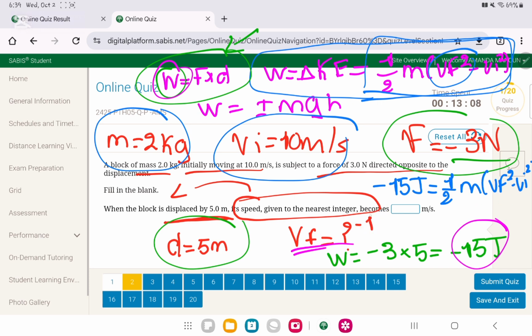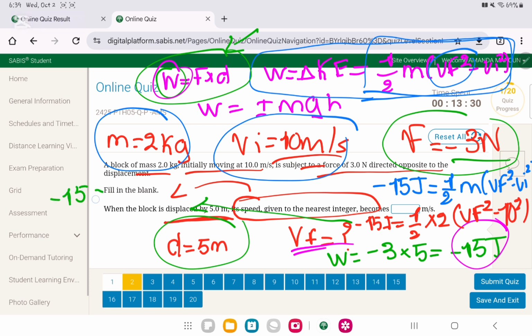So now it became minus 15 joules is equal to 1 over 2 times 2 kg times the velocity final, which is unknown, minus the velocity initial, which is 10, so 10 squared. Then, if we're gonna solve it even more, we're gonna get negative 15 is equal to 1 over 2 times 2, which is 1, times v final squared minus 10 squared.